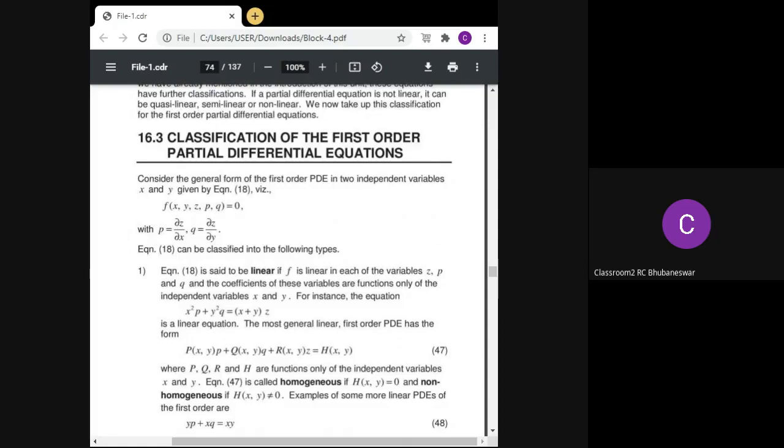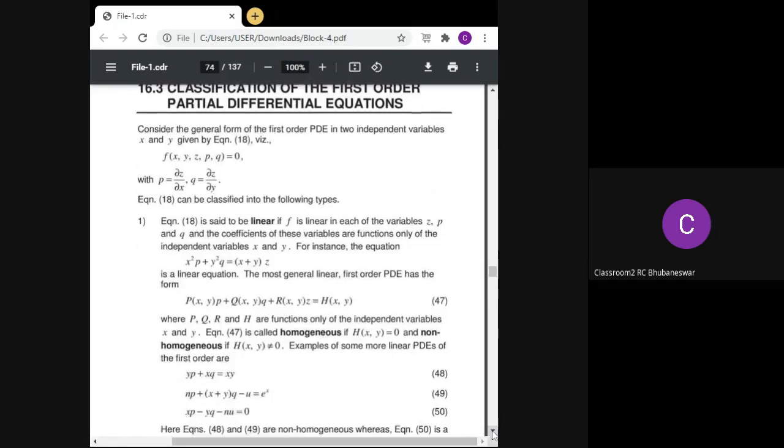These are the notations we are using inside the function. Now, we can say this kind of function is a linear differential equation if f is linear in each of the variables z, p, and q, and the coefficients of these variables are functions of only the independent variables x and y.